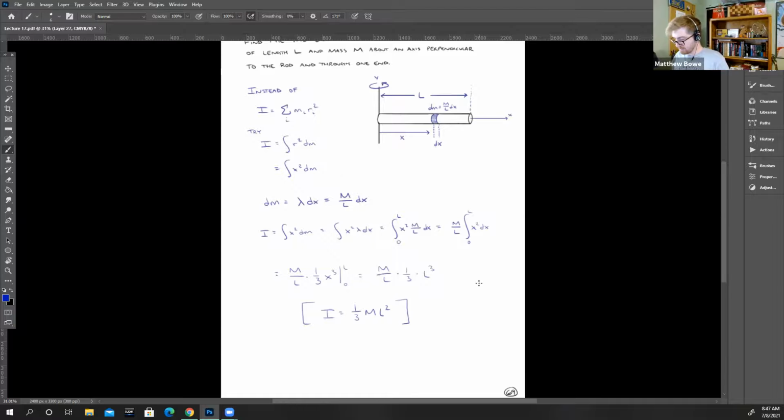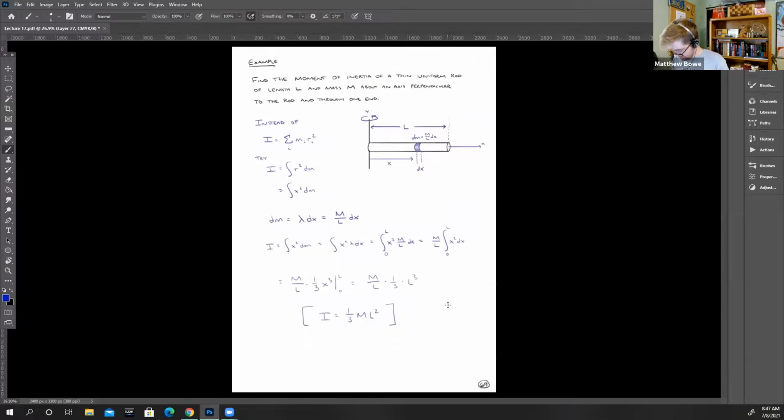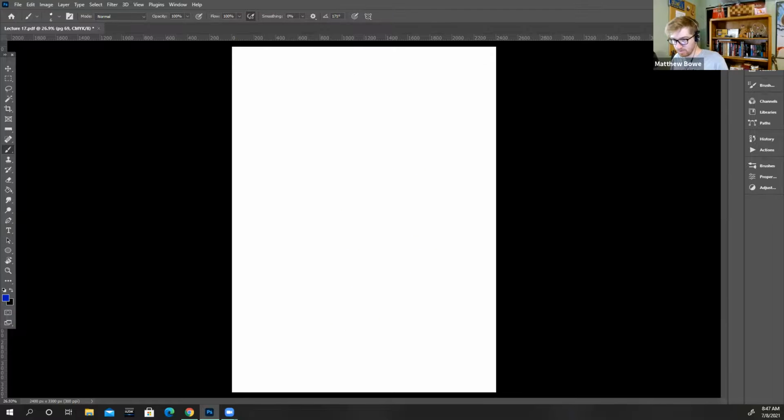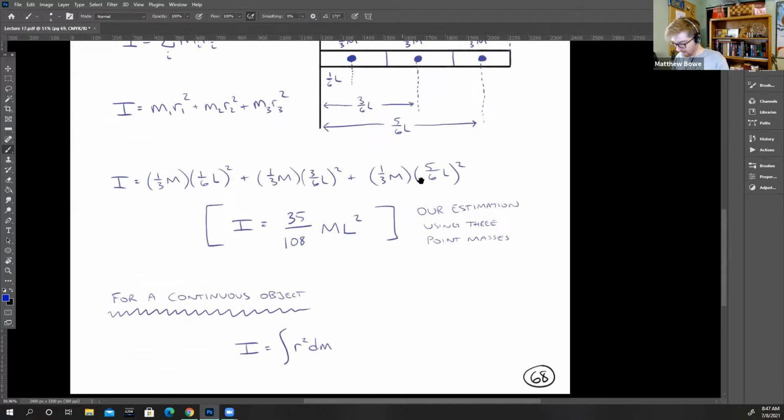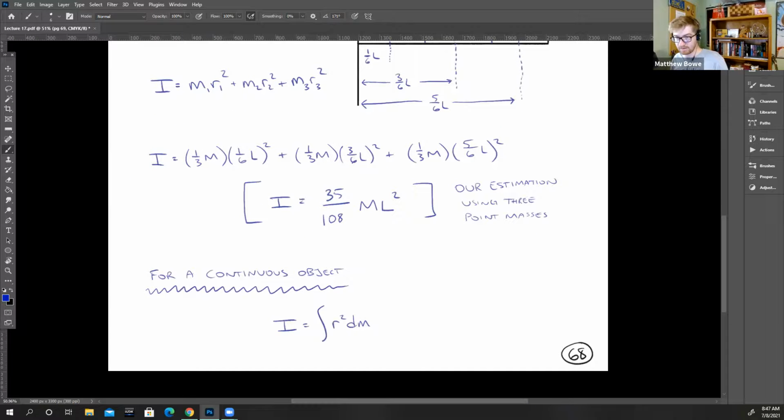How does this compare to our estimation from earlier? So this is 1/3 ml squared. What is 1/3 in decimal form? This is easy to see. It's about 0.3333, and it goes on forever. What was the value of our other example, or our estimation? 35 over 108.